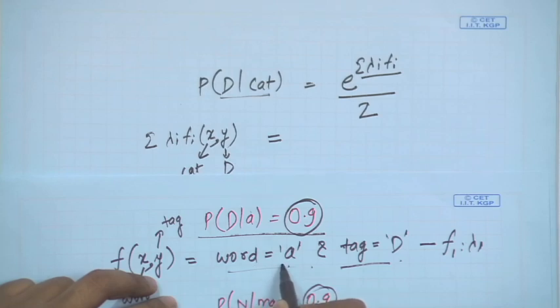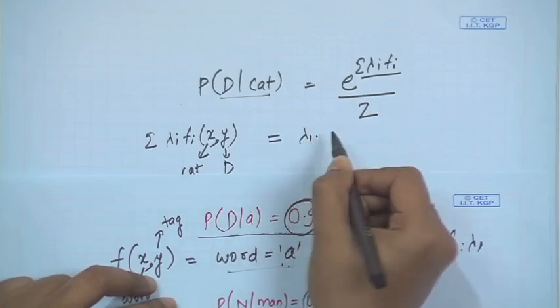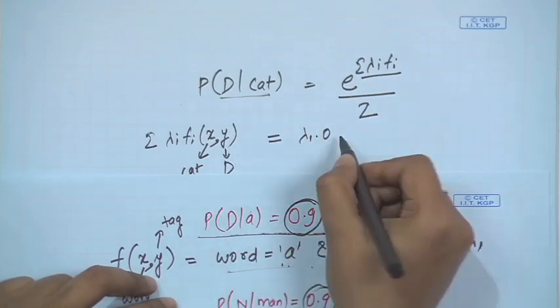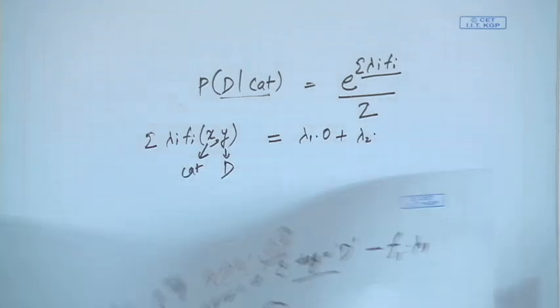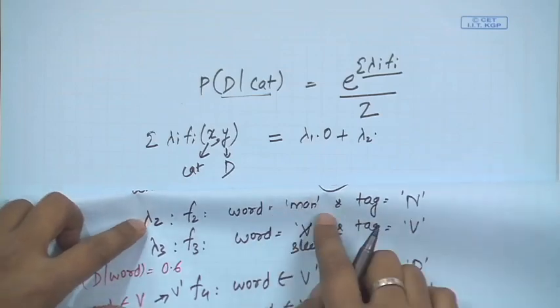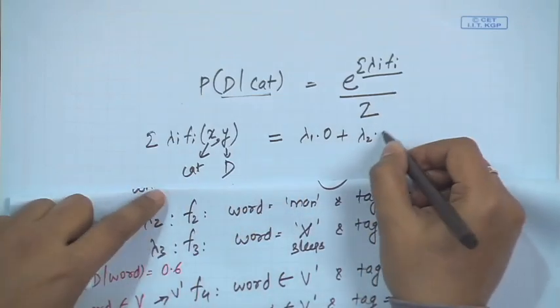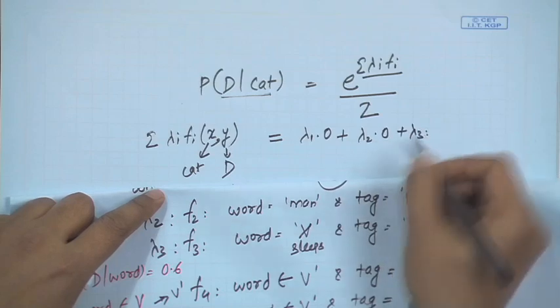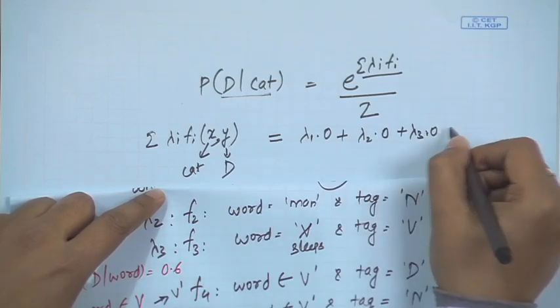Okay, so clearly this feature is not 1. So for f1(x,y) it will be 0. So lambda 1 times 0 plus lambda 2 times. What is my second feature? Second feature says that word is man and tag is n. Again this is 0. f3, word is sleeps, tag is v, again 0.